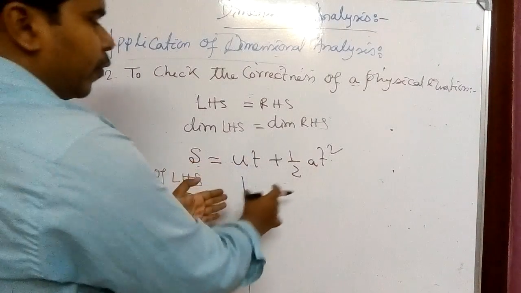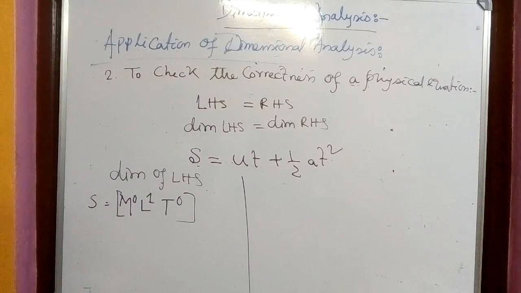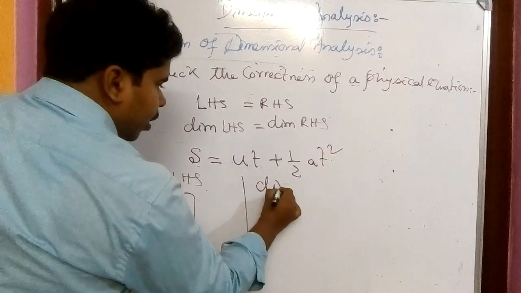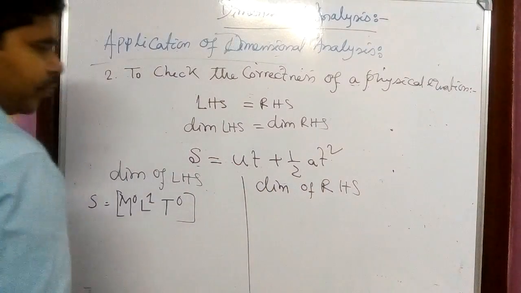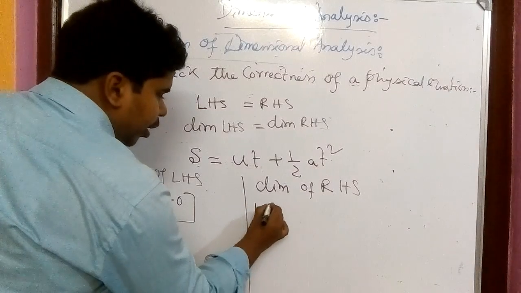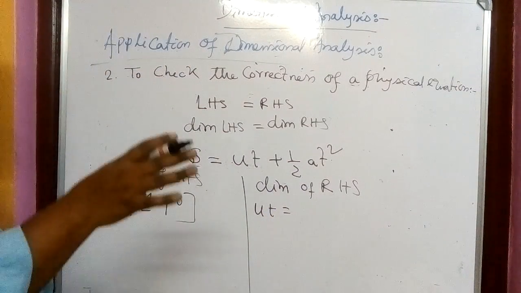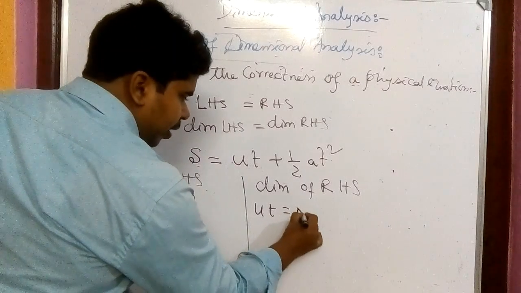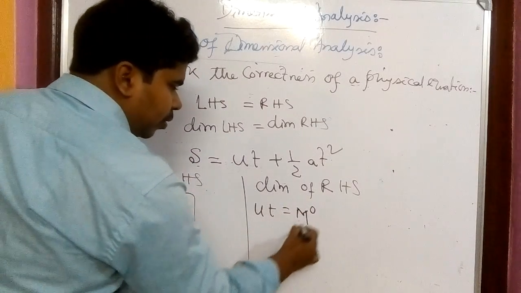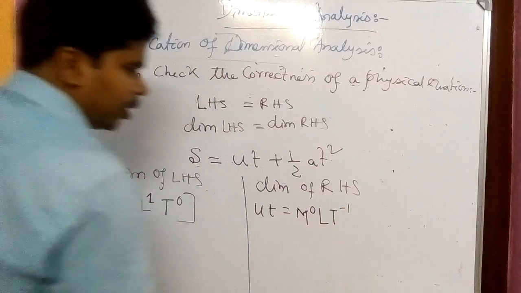Now if we find that this dimension also gives the dimension of length, then we can say our equation is correct. Let's come to the dimension of RHS. First part, u into t. What is u? We all know that it is initial velocity. So initial velocity means M to the power 0, L, T to the power minus 1.